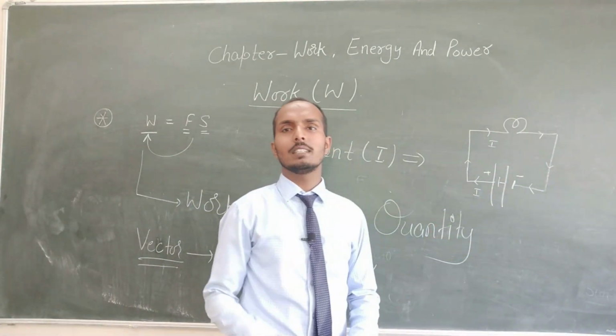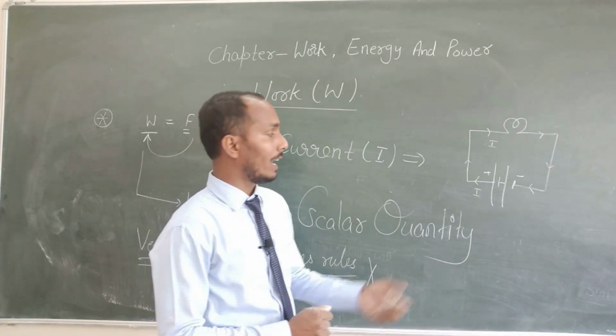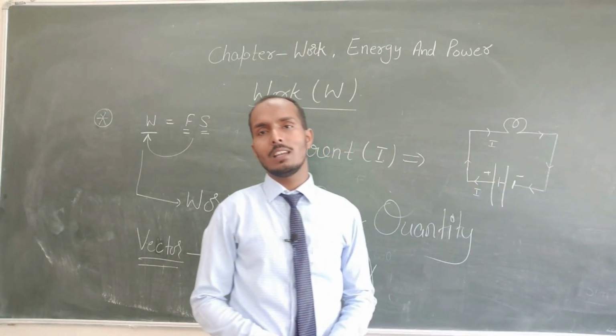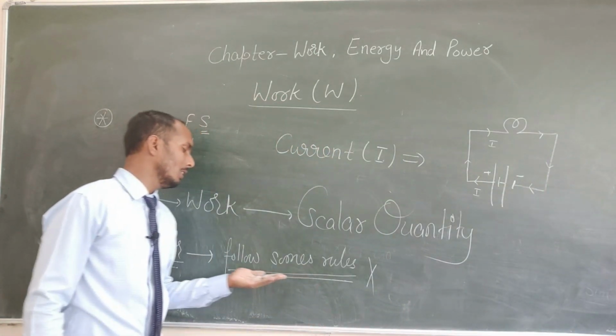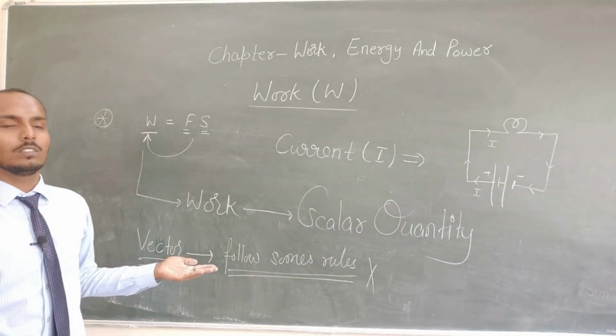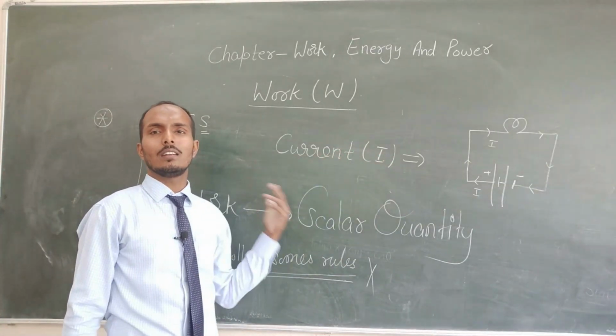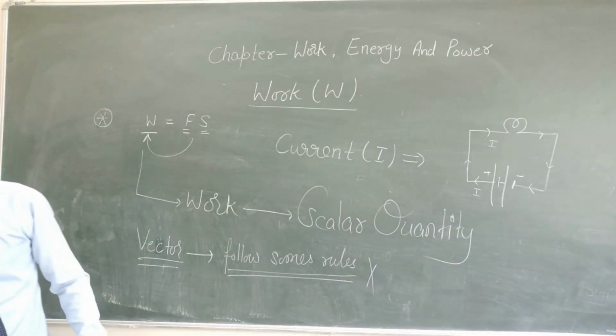But current is a scalar quantity, although it has direction. Every vector quantity follows some rules, and in this case current and work fail them.